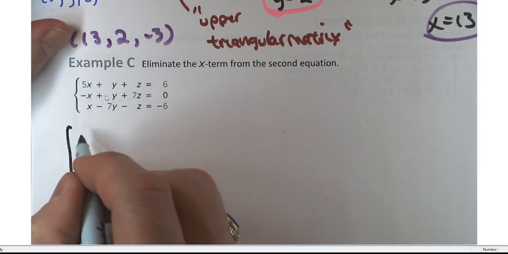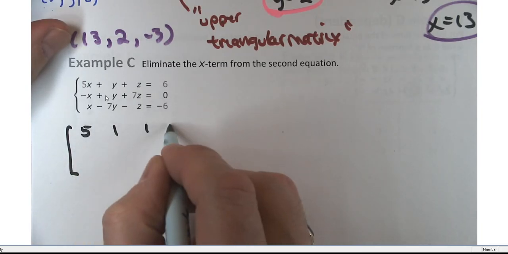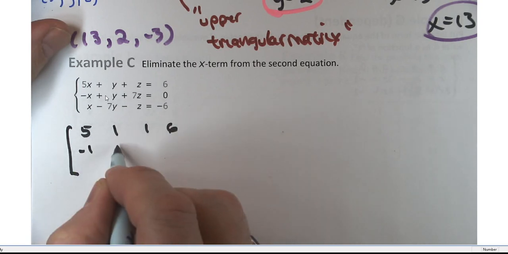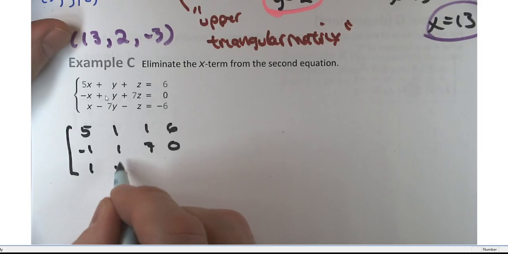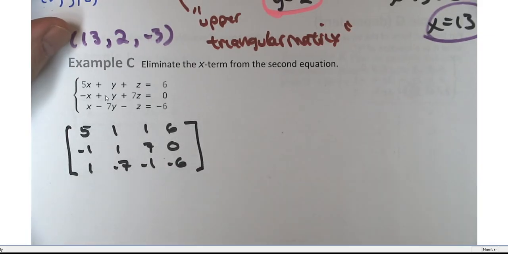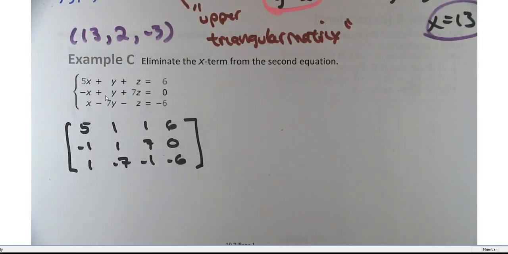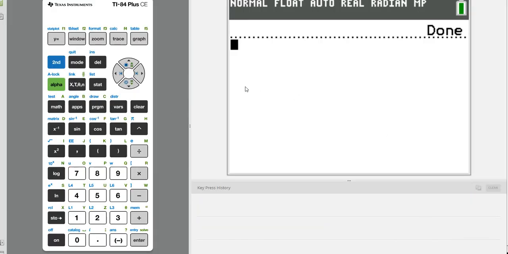There are a couple ways we can do that, but the first thing I need to do is work with the augmented matrix, which is 5, 1, 1, 6, -1, 1, 7, 0, 1, -7, -1, -6. We're going to have to put that into matrix A. I'm going to go back and edit that matrix, and type right over the stuff that I had there.